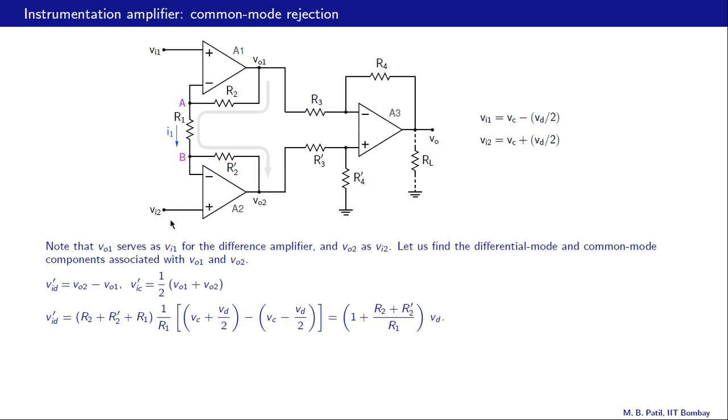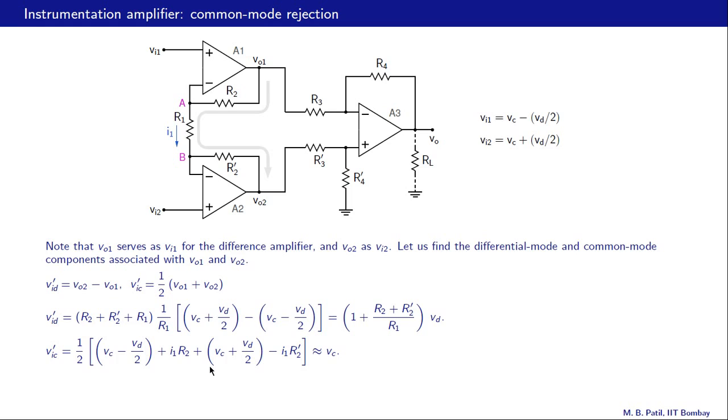VB is the same as VI2, which is VC plus VD by 2. So when we put all that together, we get this expression here, and VC cancels out, and we are left with 1 plus R2 prime divided by R1 times VD. So that is our differential mode input voltage as seen by the difference amplifier.